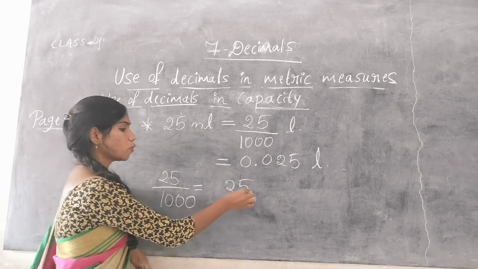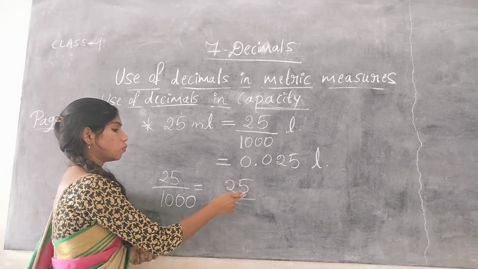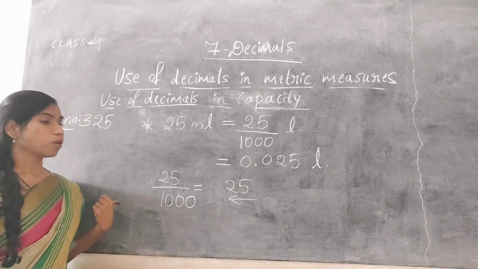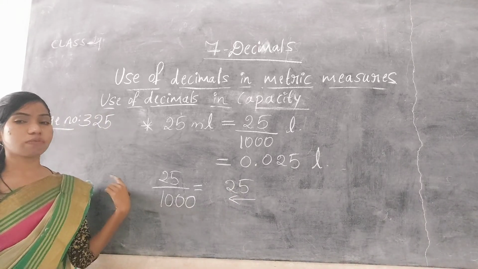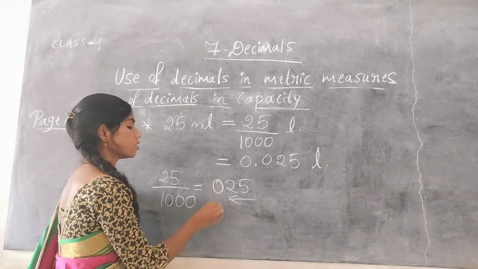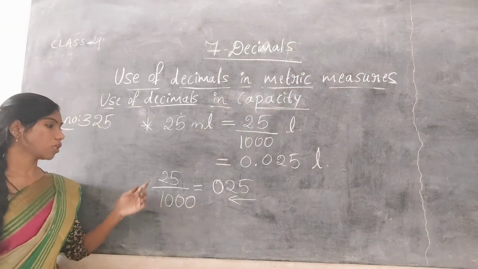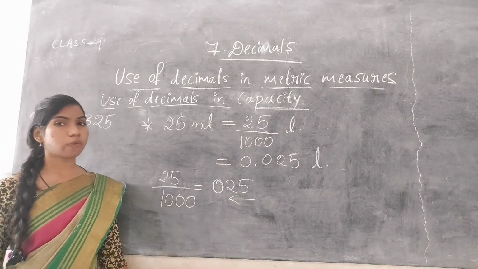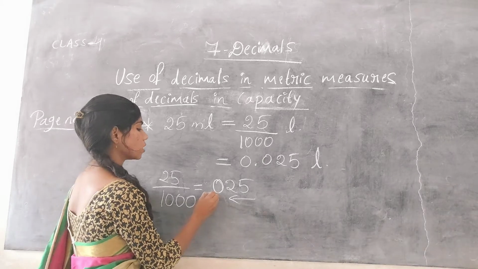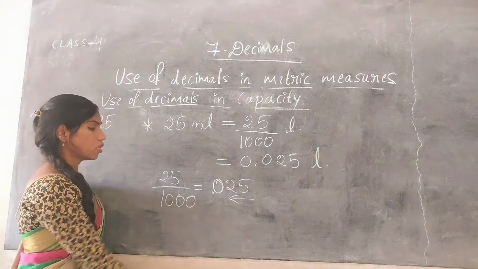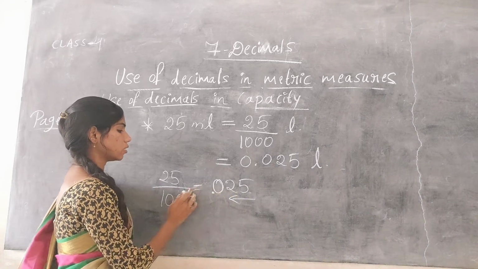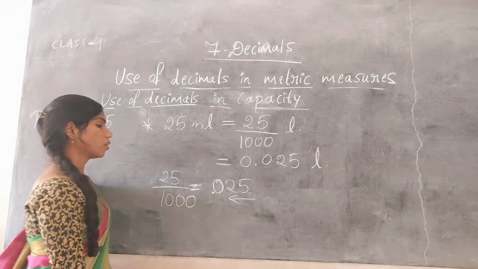Here we have only 2 digits, but we need 3, so we can write it as 025; both are the same. Put the decimal point after the third digit from the right.